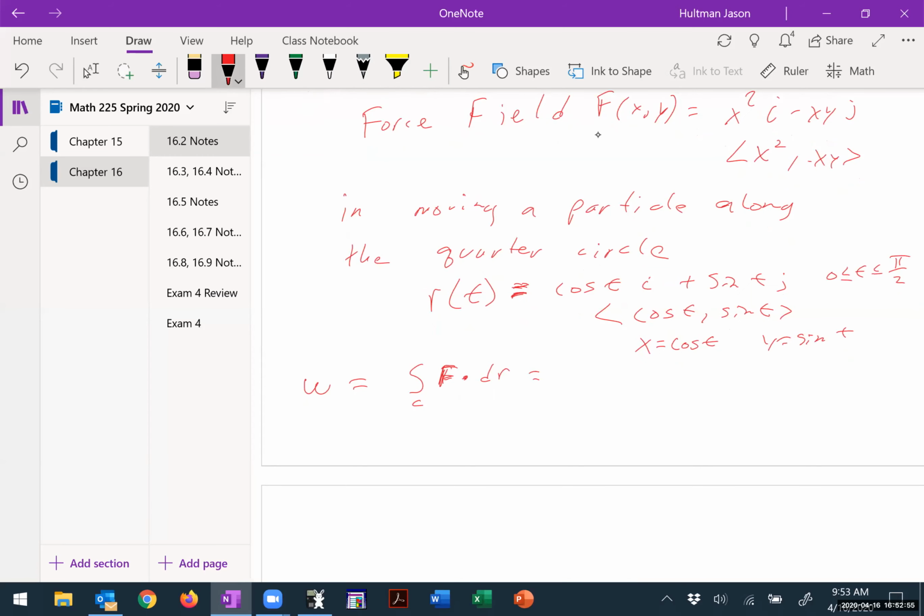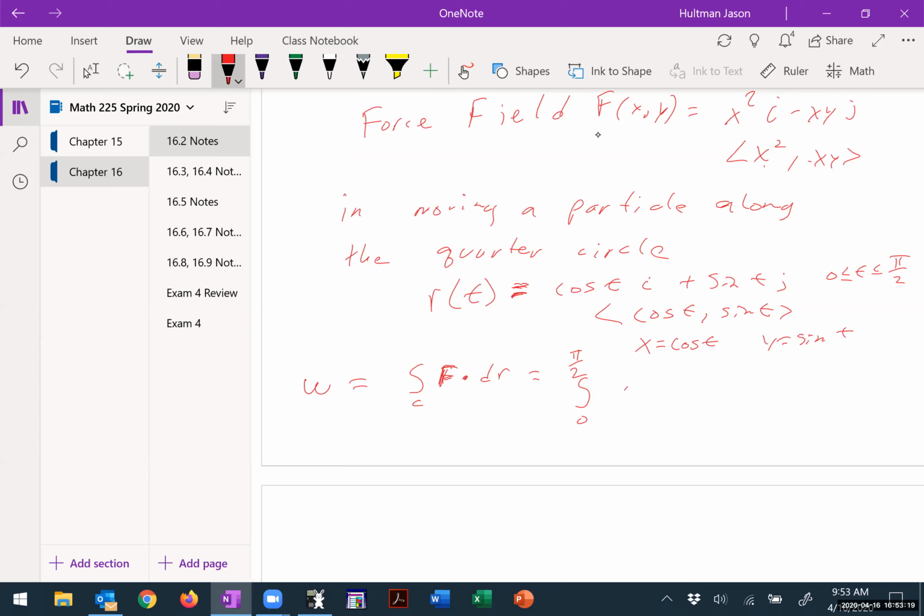Okay, so what's my force field going to be equal to? I have to translate this all into t's, from 0 to pi over 2. What is F? F is going to be x squared, comma, negative xy.